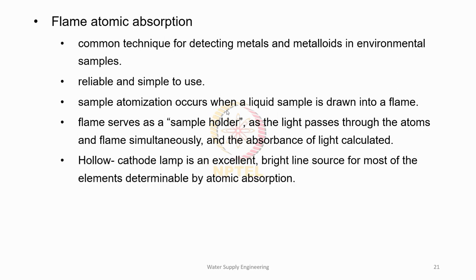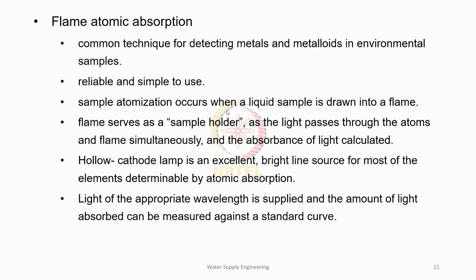The excellent bright line source for most of the elements determinable by atomic absorption is the hollow cathode lamp. And here, in this method, we select the appropriate wavelength for the light, as well as the amount of light will be varying, and standard curves are available from which we can measure out the amount of light absorbed.